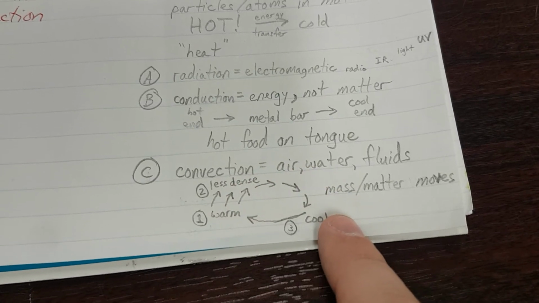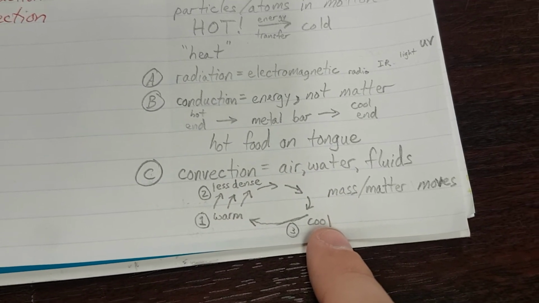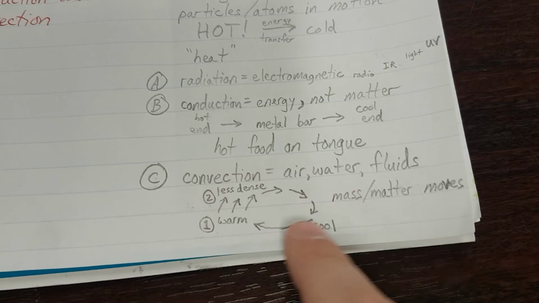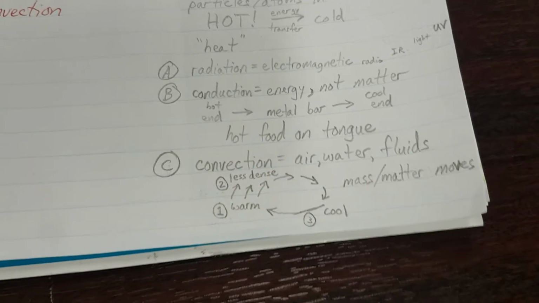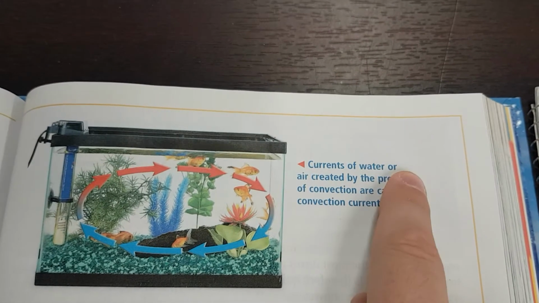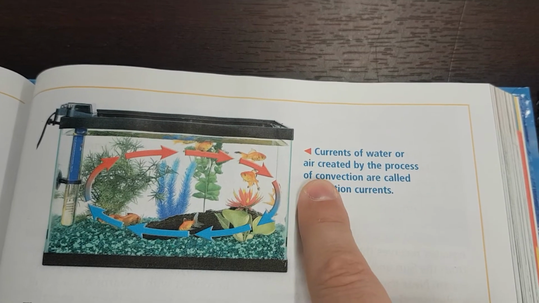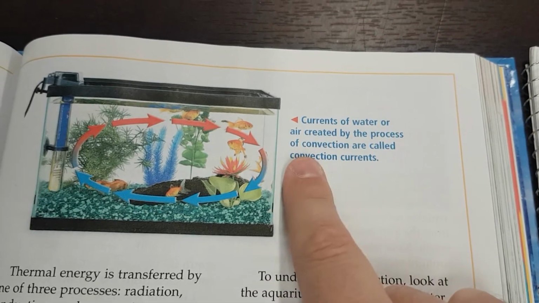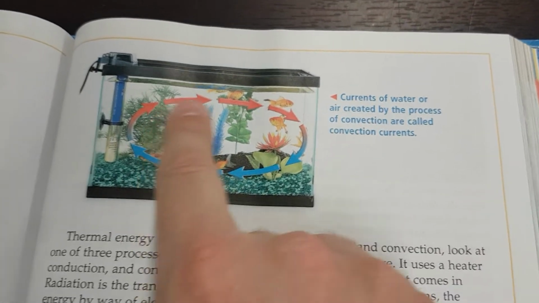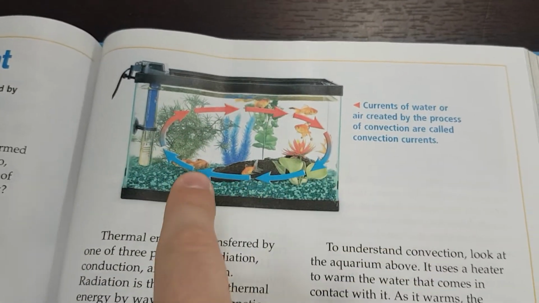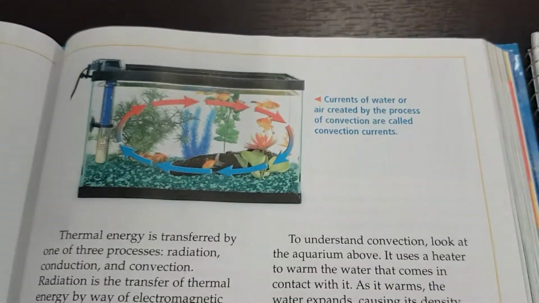Eventually, it will cool down and fall or sink and start this whole convection current. Currents of water or air created by the process of convection are called convection currents. Okay? That looks exactly like the swirls underneath the tectonic plates from previous lessons.